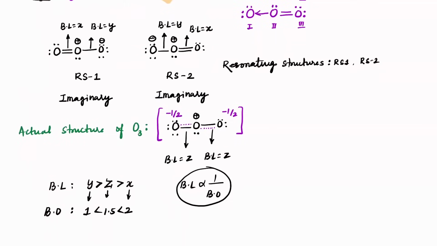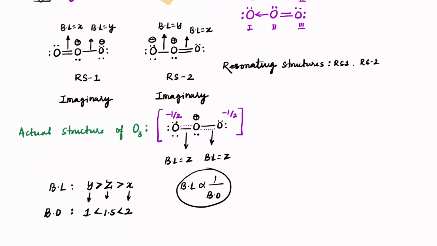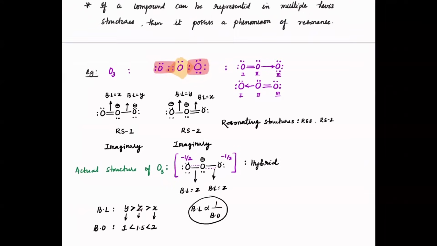So this clearly proves that if a molecule has a chance of existing in multiple structures, in this form or this form, instead of staying in only one particular form, it will take a hybrid of both of them. That's why it is called a hybrid structure. So everybody, let me summarize. Resonance is a concept where you are able to express a molecular structure in multiple Lewis forms, and these multiple Lewis forms are actually imaginary.